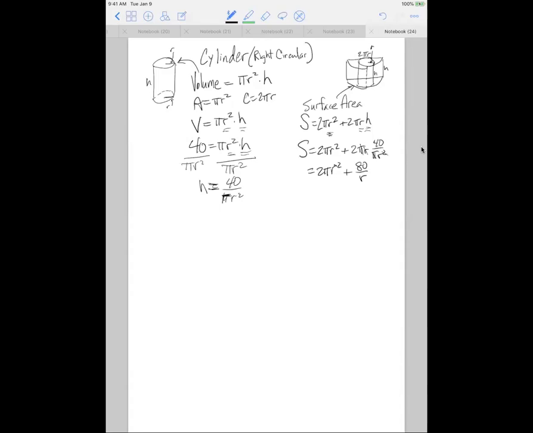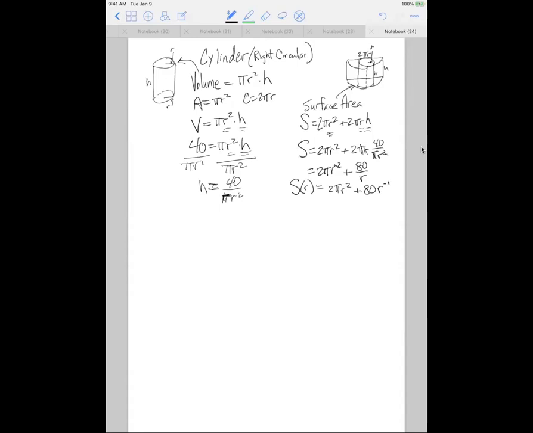All right, so I'm going to rewrite that one more time. I'm going to write S as a function of r, equal to 2 pi r squared, and I'm going to write this in a form so we can take the derivative of it: move the r upstairs, which means the exponent becomes negative, plus 80 r to the negative 1.